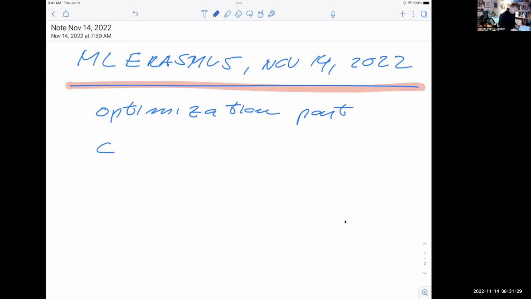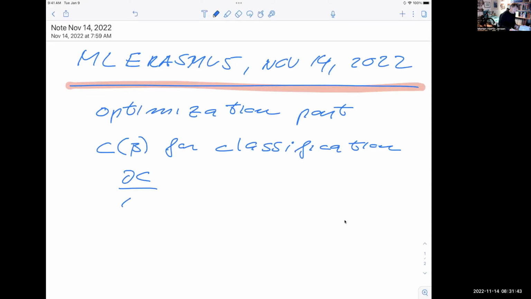We defined this cost function for classification, which we call the cross entropy. And what we found last week is that the derivative of this quantity with respect to the unknown parameters is given by the design matrix transpose times y minus p. This is the quantity we want to drive to 0.